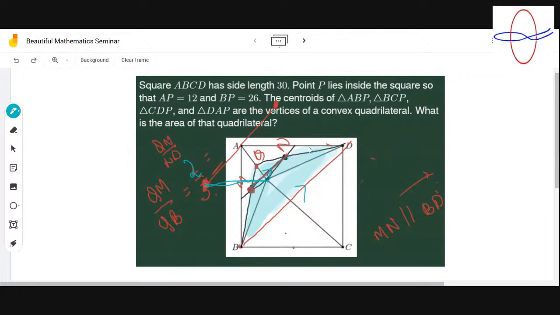So tell me, how will you prove that these two lines are parallel? Why is MN parallel to BD, and now why is this parallel to BD? Tell me.